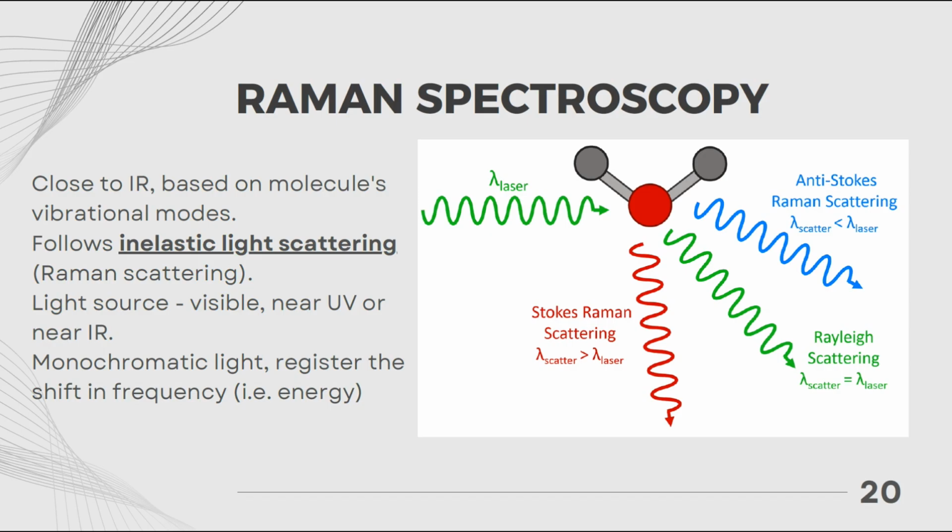So just remember that in Raman spectroscopy you're working mainly with visible light. And I have already told you about monochromatic light, and we register this shift in frequency. That's what we register actually, to which extent these photons changed their energy.